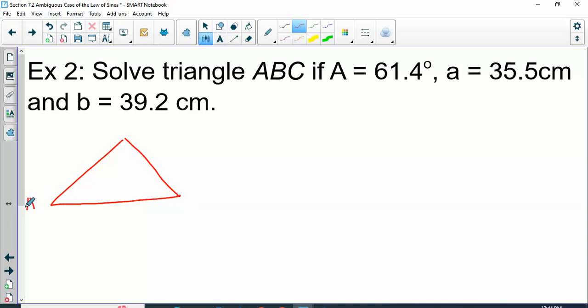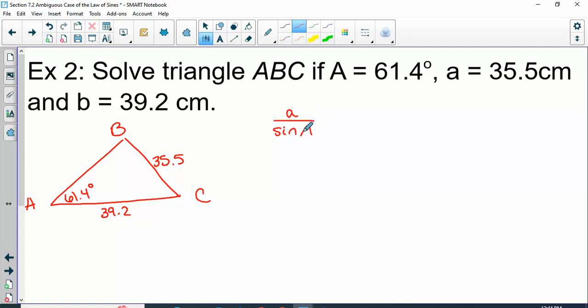Solve triangle ABC. Angle A is 61.4 degrees. Side a is 35.5 centimeters. Side b is 39.2 centimeters. So what are we going to do?